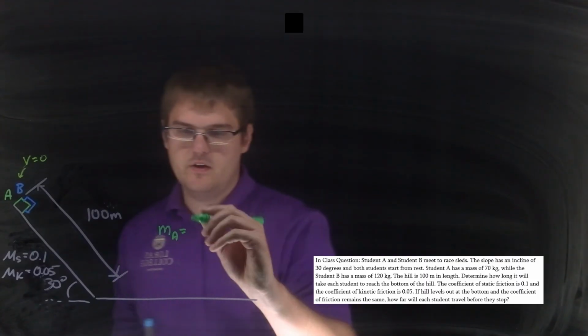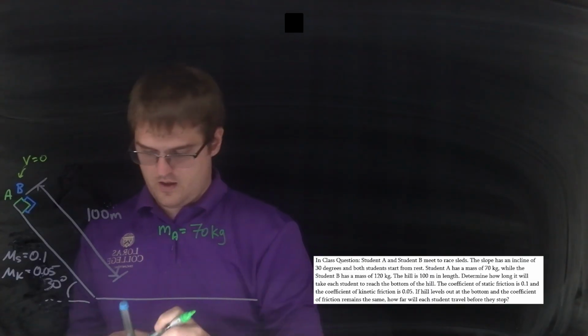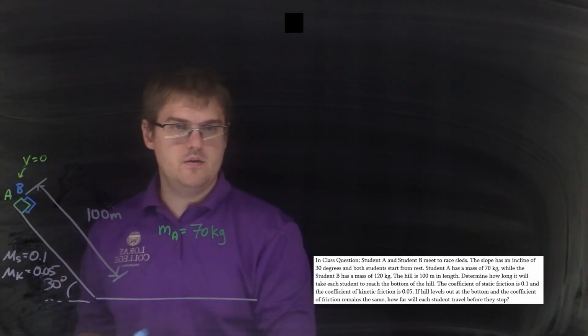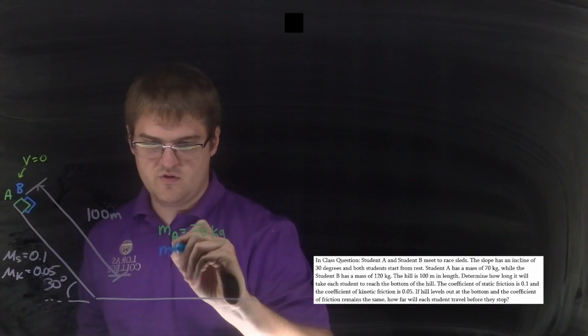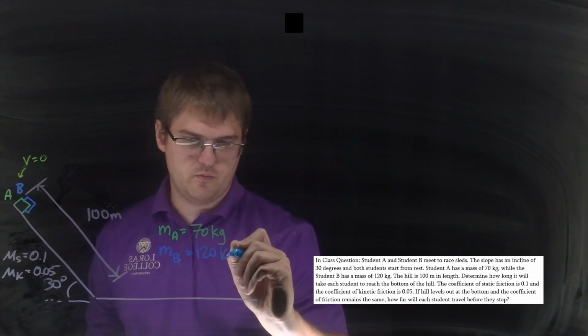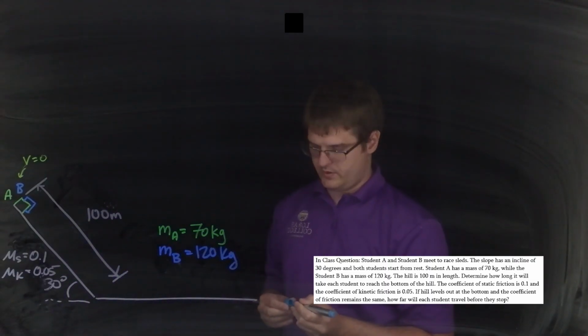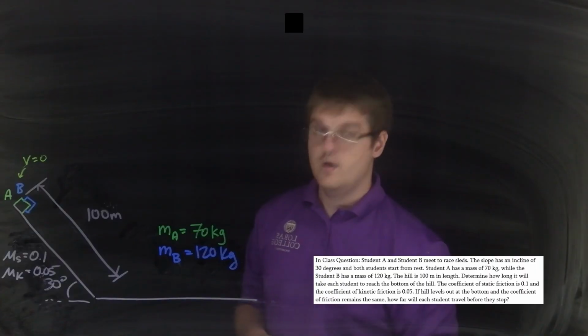Mass of A is 70 kilograms. And the mass of B is 120 kilograms. So we have our 2 people at the top of the hill going down.